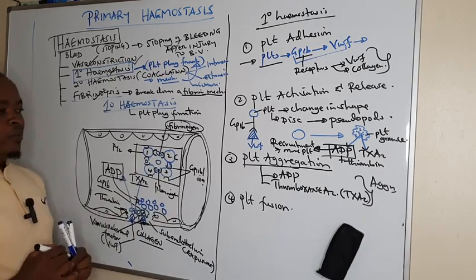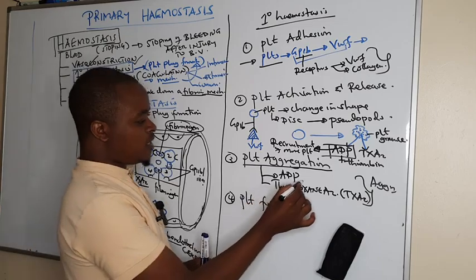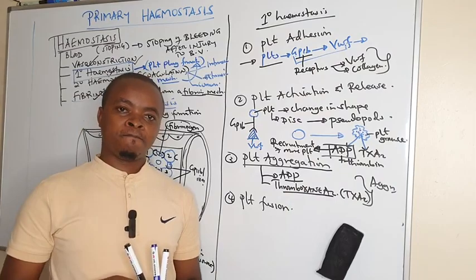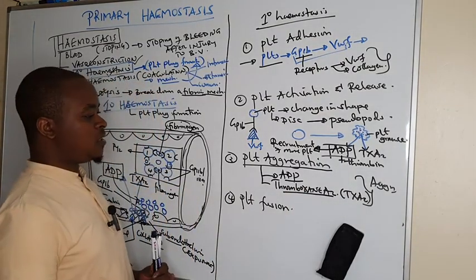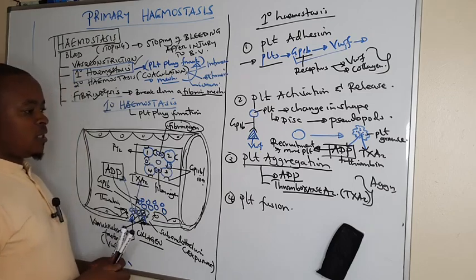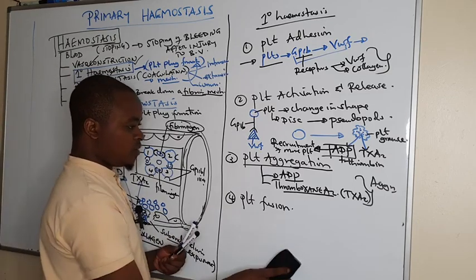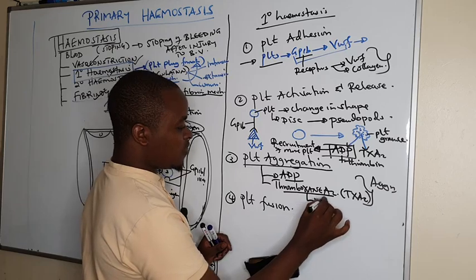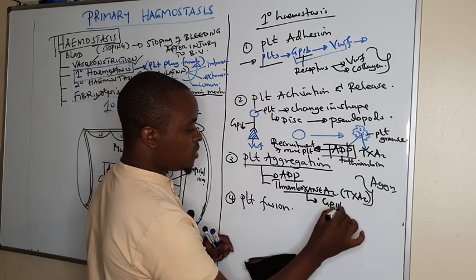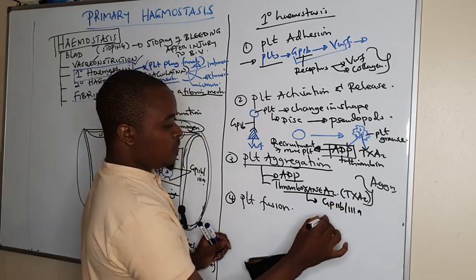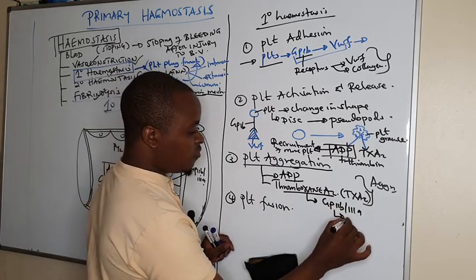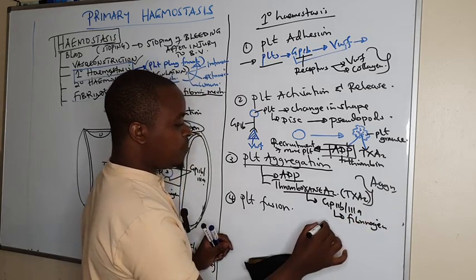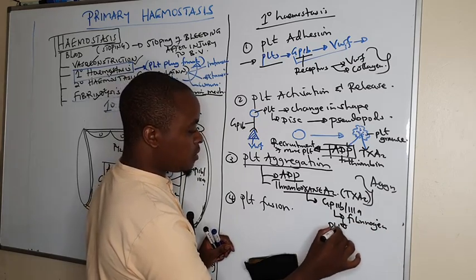So the major role played after this ADP triggering and thromboxane triggering the exposure of glycoprotein 2B/3A is that these two bring about exposure of glycoprotein 2B/3A, and this one in the presence of fibrinogen. They are the ones that enable formation of a platelet plug.